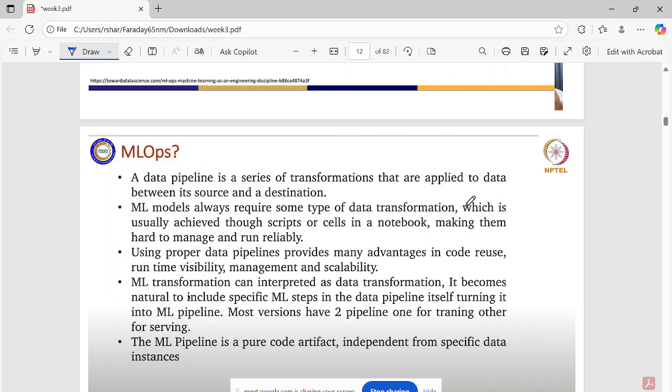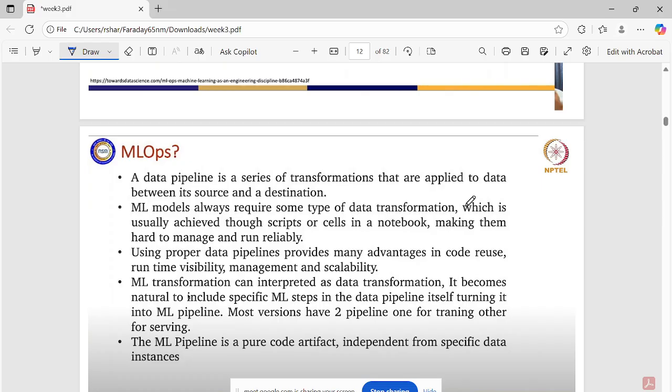So our machine learning models will require certain types of data transformation which we generally do, and there will be so many cells which do this transformation, but gradually in the long run how do we manage them and run those things reliably, that is very important.